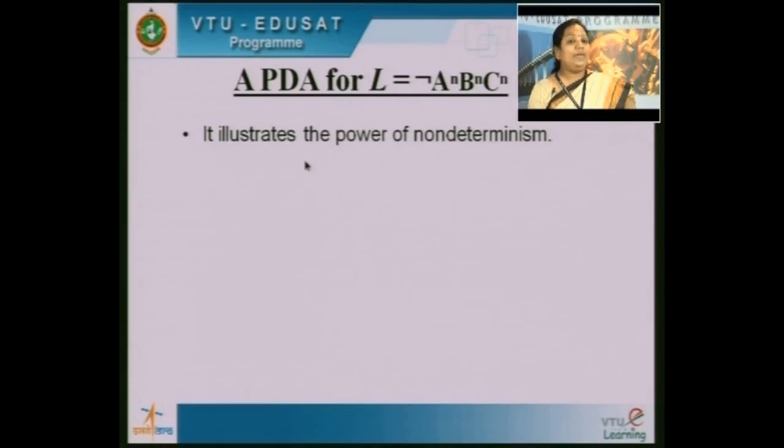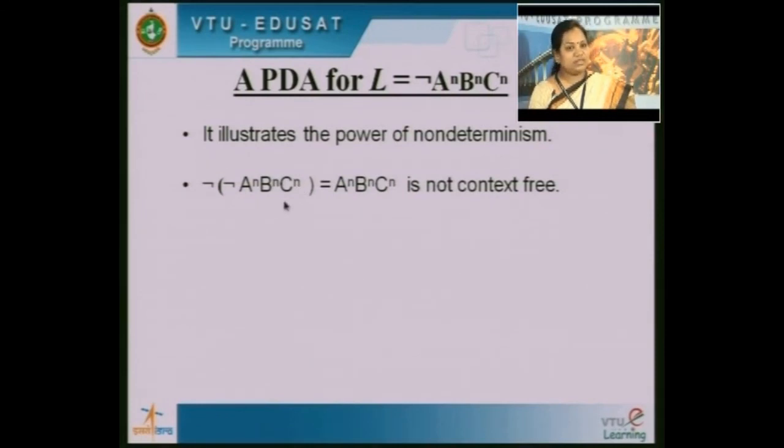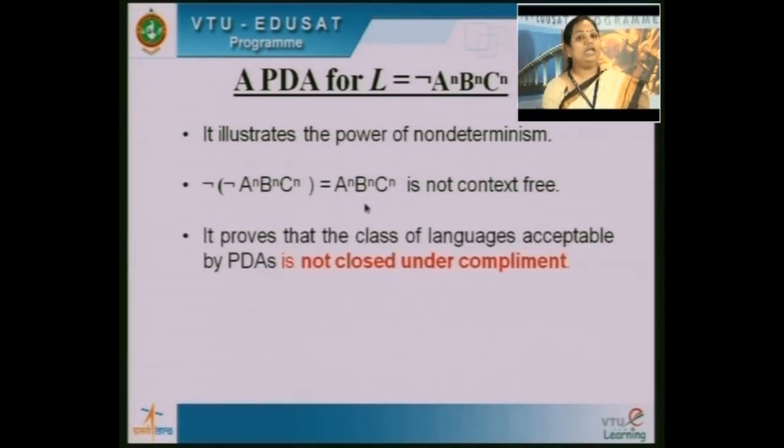Now, we illustrate the power of non-determinism. This language is context free and we can design a pushdown automaton. If I take the complement of it, then what happens? I get a^n b^n c^n. Is it context free? No. It means what? It proves that the class of languages acceptable by PDA is not closed under complement.